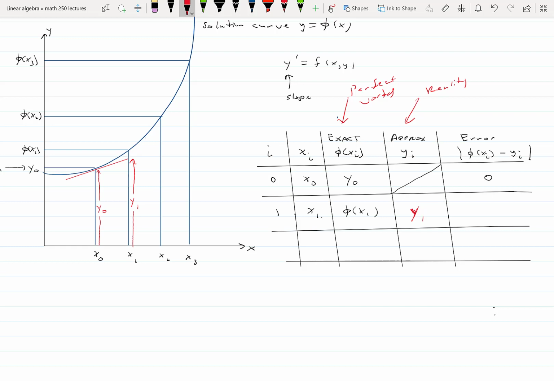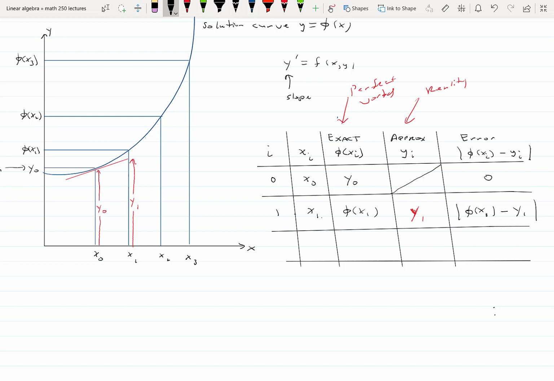So what's going to be my error? The error is going to be the absolute value of the true y value of my point, phi of x1, minus the estimate, y1.